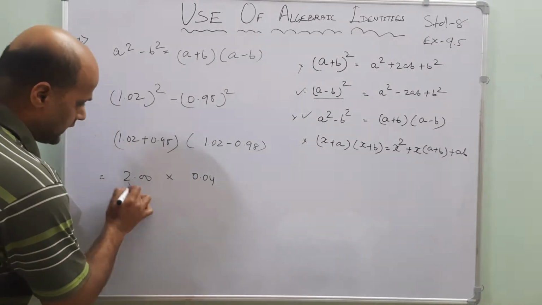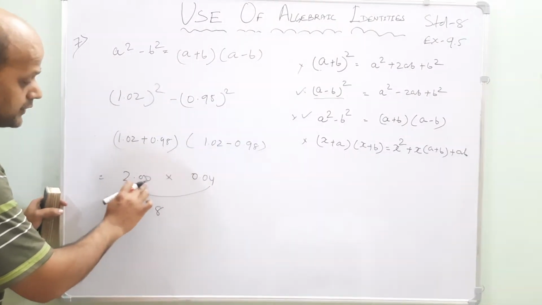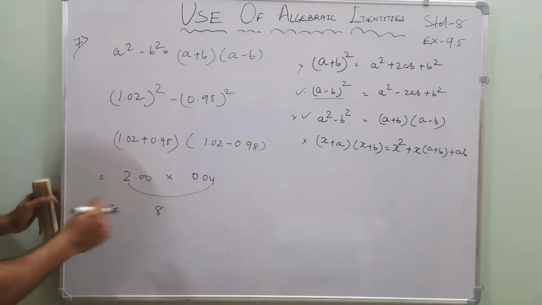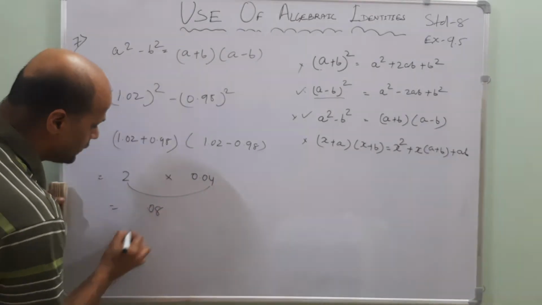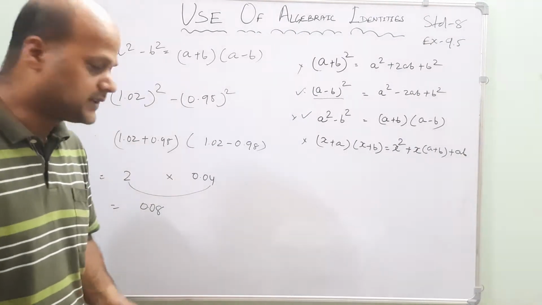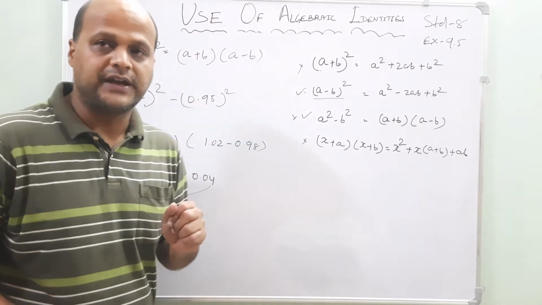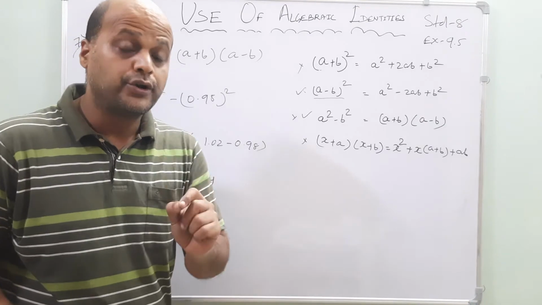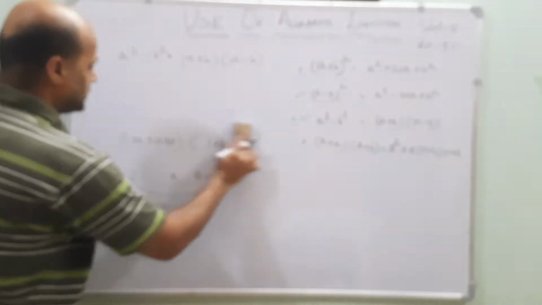In the case of multiplication, directly multiply with the digit 8, then after the digit 0.04. 2 fours are 8. How much? 0.08 is the answer for your given question. So always remember, my dear friends, whenever you are doing any question, be careful about your fundamentals. Okay, very good. Let's go to the another one.